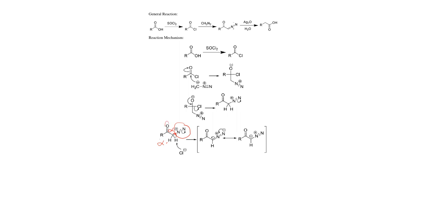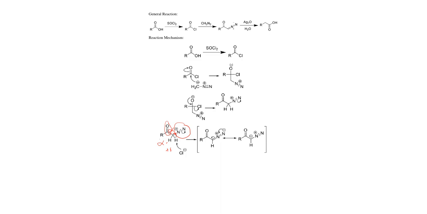And here is the carbonylic functionality, it also withdraws electrons toward itself because both of these functionalities are electron withdrawing groups. So due to this electron withdrawing effect, this alpha hydrogen becomes acidic. Now what will happen?